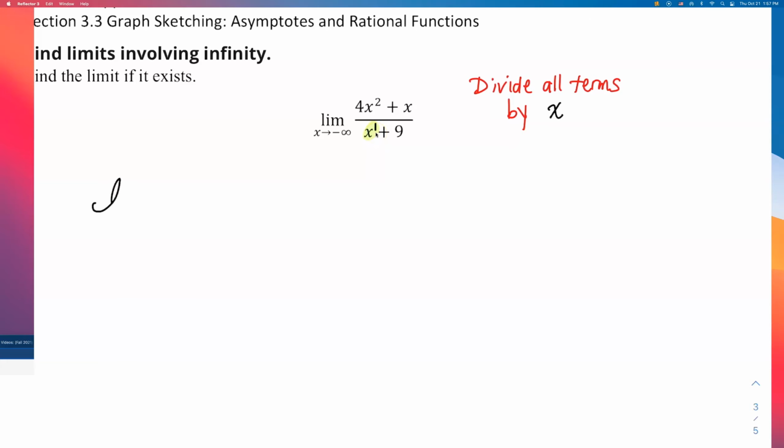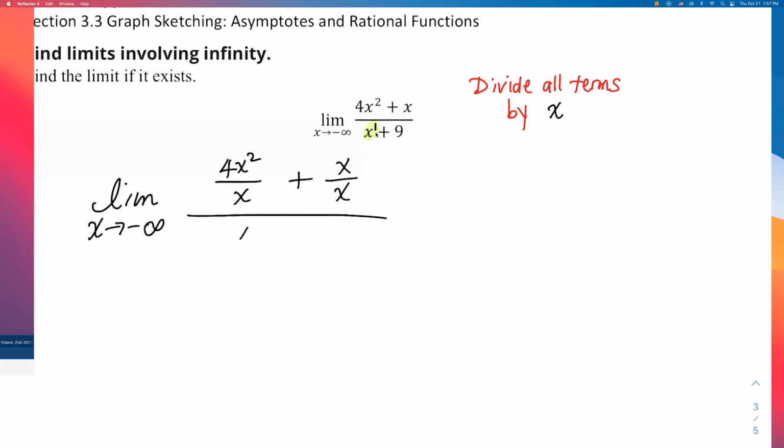So what will that become? I still need to write this limit notation down, but what used to be 4x squared plus x over x plus 9 is now 4x squared divided by x, plus x divided by x. Everything just gets divided by x.